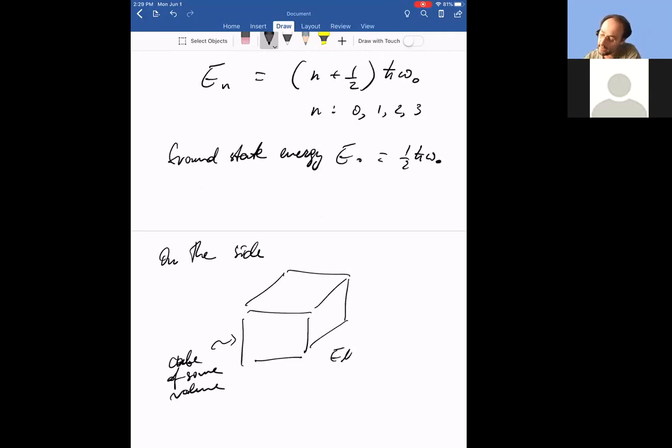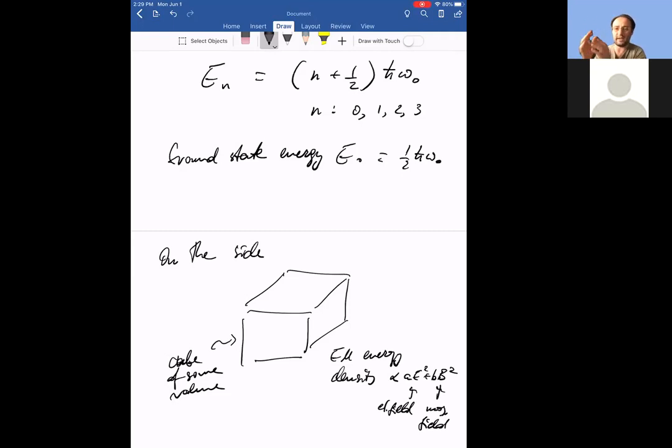Okay, so the EM energy density, energy per volume, is proportional to a constant times E squared plus some other constant times B squared. This is the electric field, and this is the magnetic field.